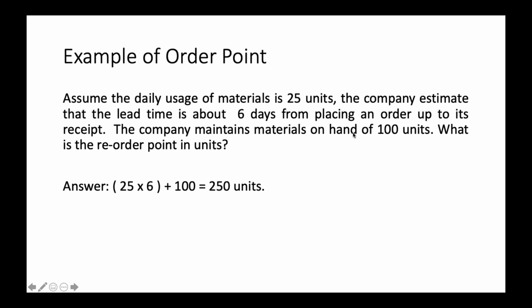So when are we going to place an order? So our formula for the order point is the daily usage times the lead time plus the safety stocks. So the answer is 250 units. So if our materials will reach 250 units, we must place an order already.